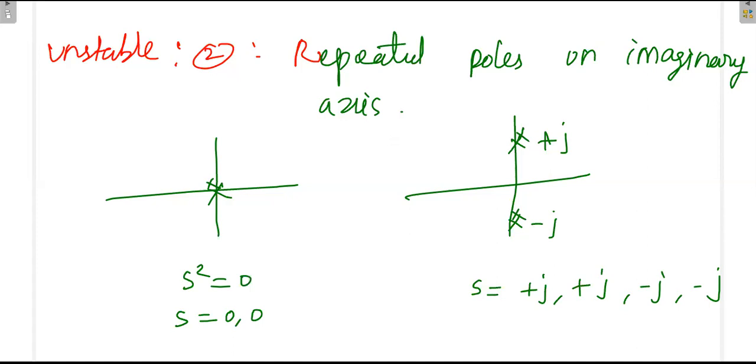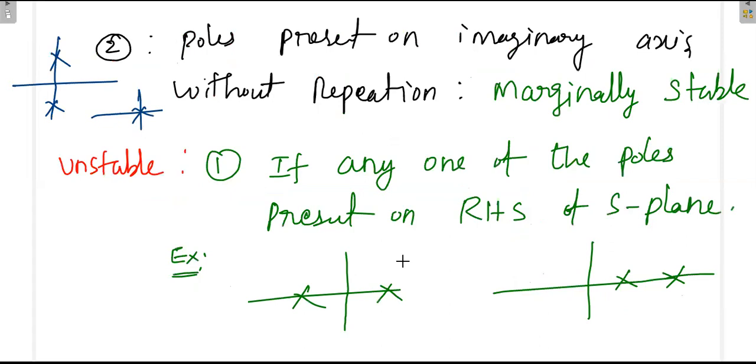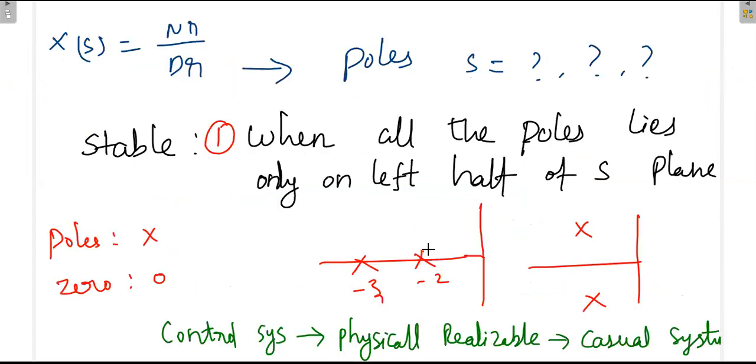Now we'll discuss in a different manner, because whenever we take a pole configuration like this, sometimes we may say stable, sometimes unstable. Why? Because we have to decide the system nature based on the ROC, the region of convergence. In control system, the ROC will not be given.